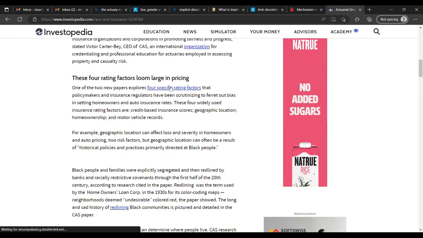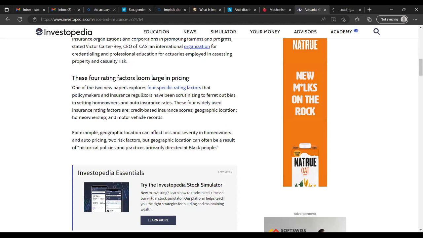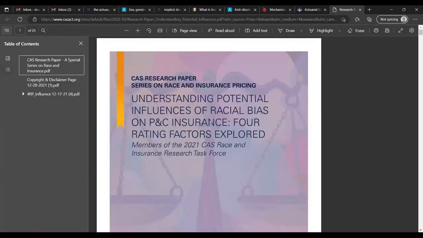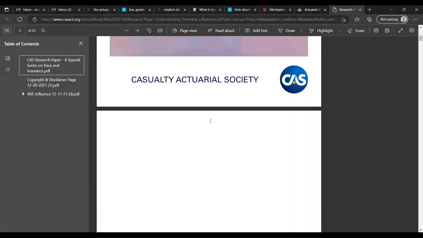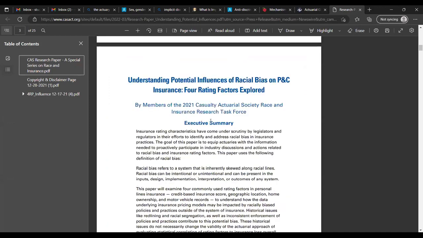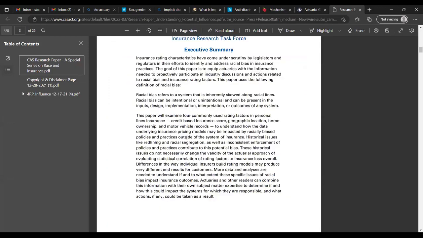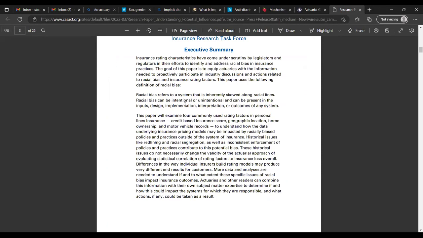More specific, yeah, so here we go. Probably geographical location would be one of them, where a society was still quite segregated. Four rating factors, and what are the four rating factors? Age might be another one, if certain racial groups tend to be on average younger than other racial groups.